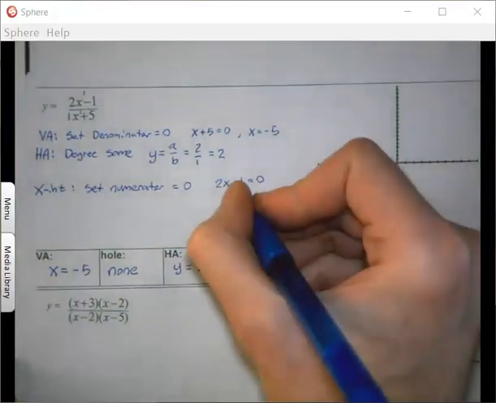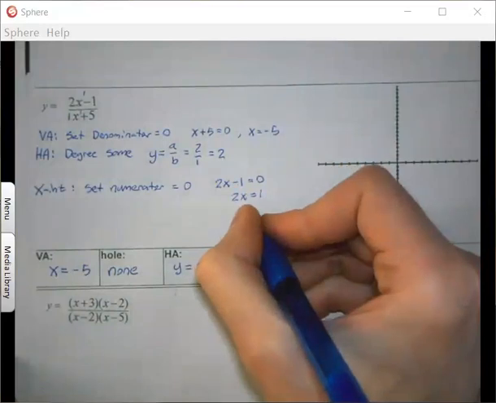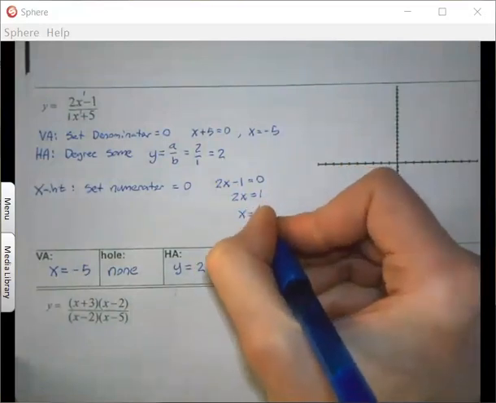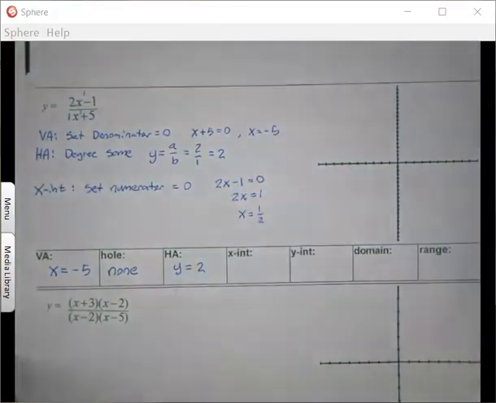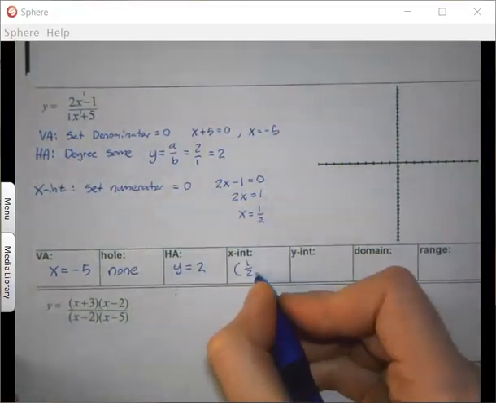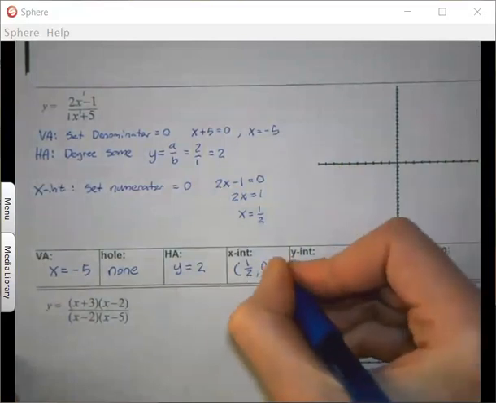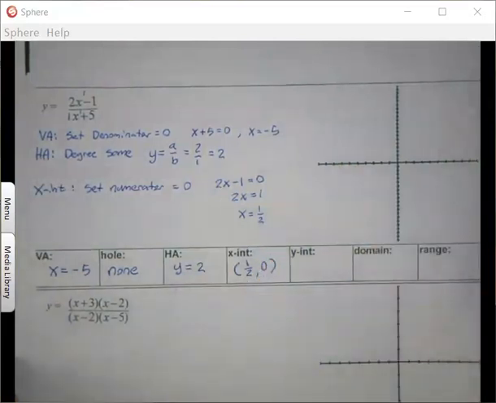Add 1 to both sides. So when is 2x equal to 1, divide both sides by 2. So x is 1/2. So our x is 1/2. Our y is going to be 0. So our x-intercept happens when y is 0.